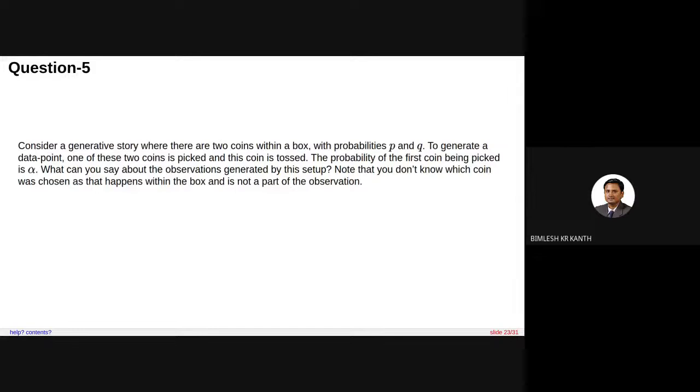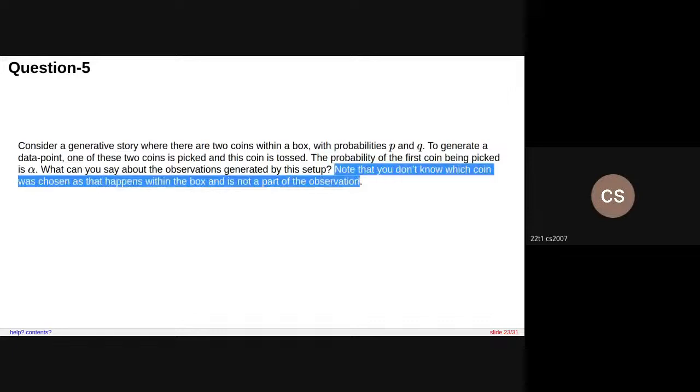What we are getting is only the output. Even though it is 2 coins or 30 coins, that becomes immaterial. The output becomes the crux of the matter, and basis that we can replace n number of coins inside the black box with a single coin basis the probability calculated. That is what this last line is saying, right?